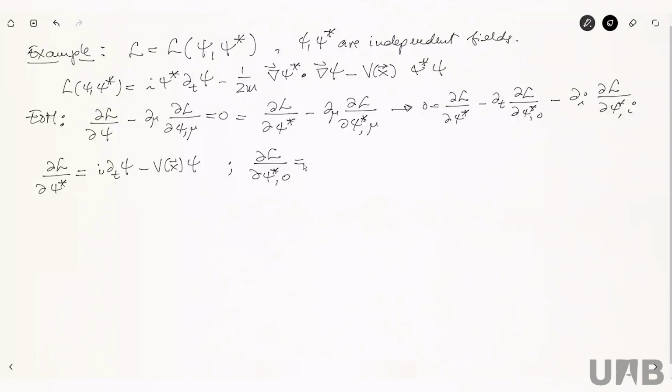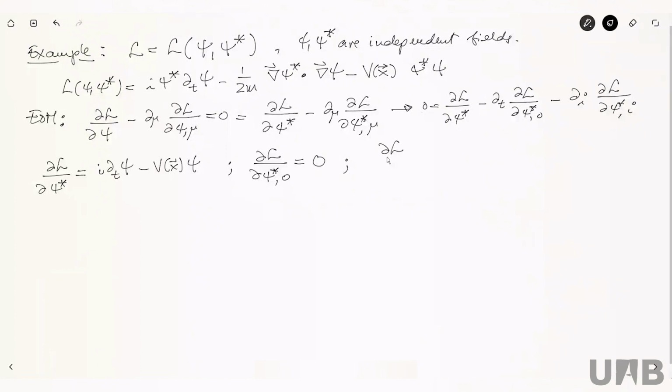So what's the derivative of L with respect to the time derivative of psi star? I'm looking for the first term. It's 0. Yes, it's 0 because there is no time derivative of psi star anywhere. So that is 0. Okay.